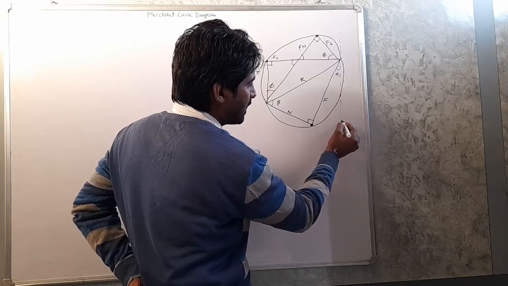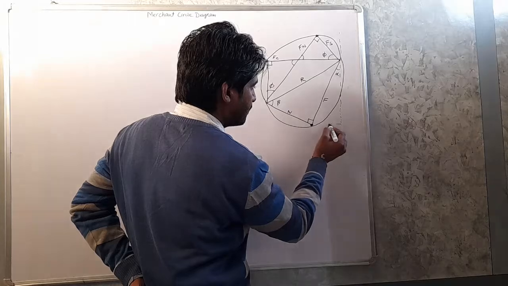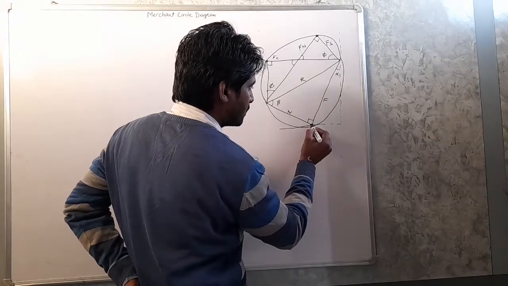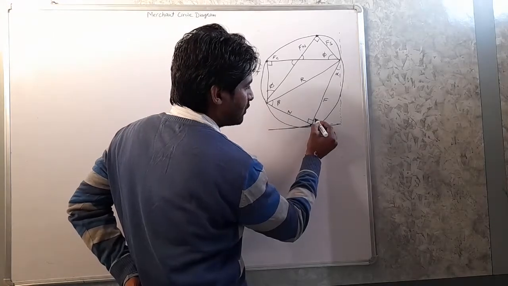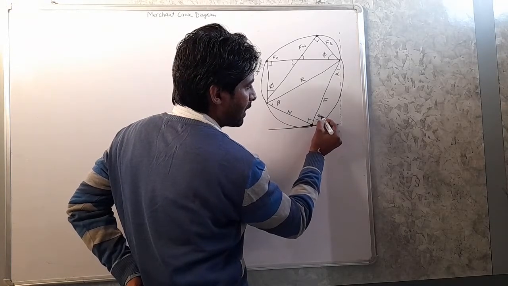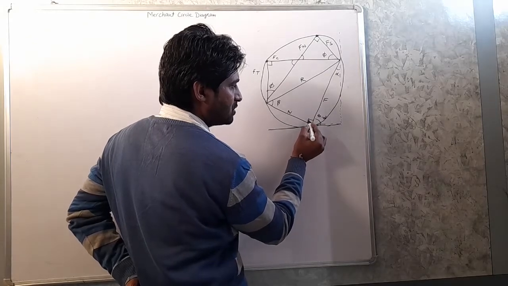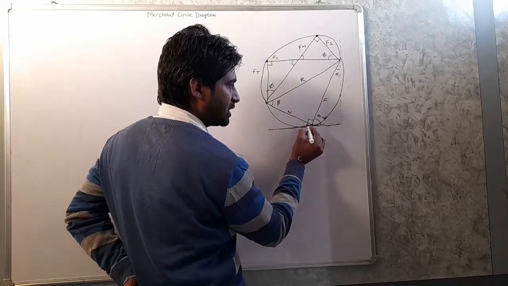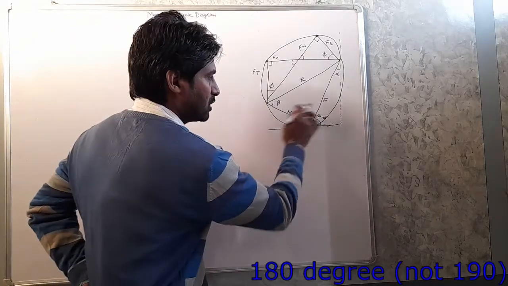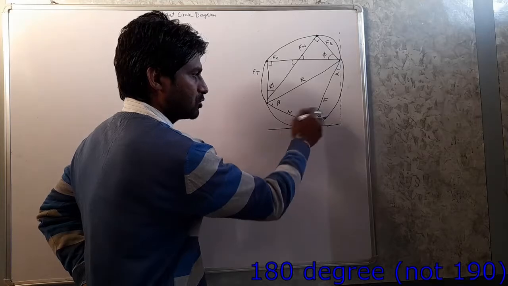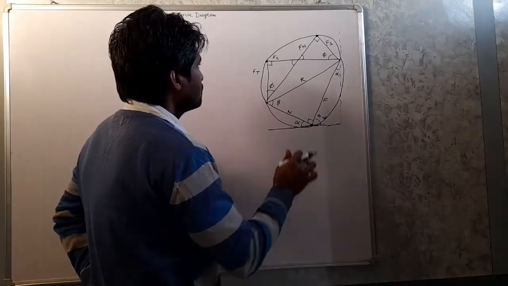I am extending this line here. This angle will also be 90 minus alpha. So this is 90 minus alpha. This is 90 degree right angle. So this will also be alpha, because the total is 180. So this will be alpha.